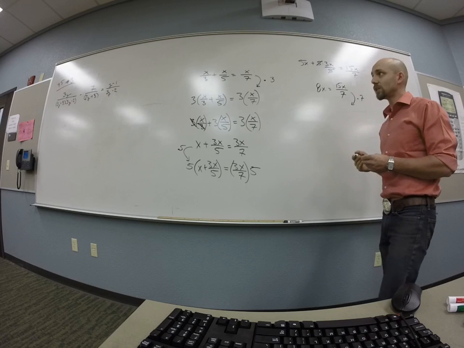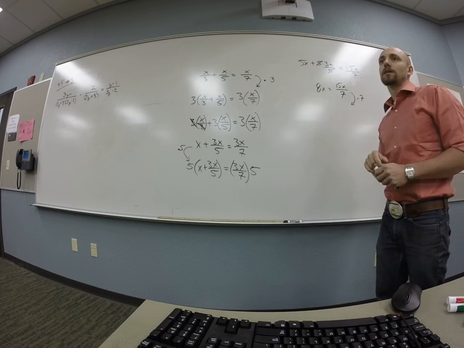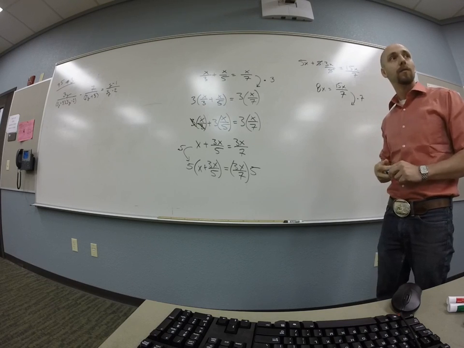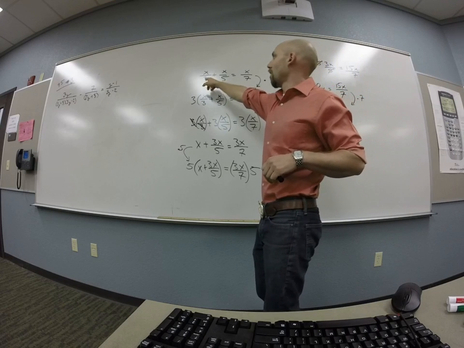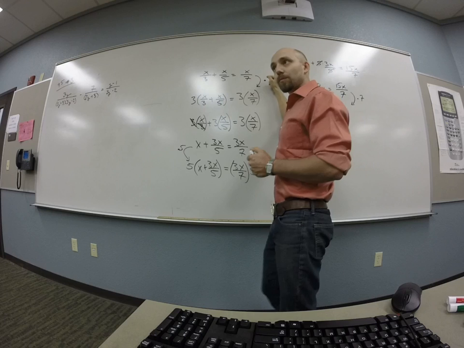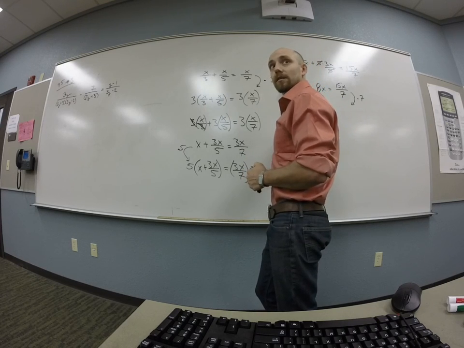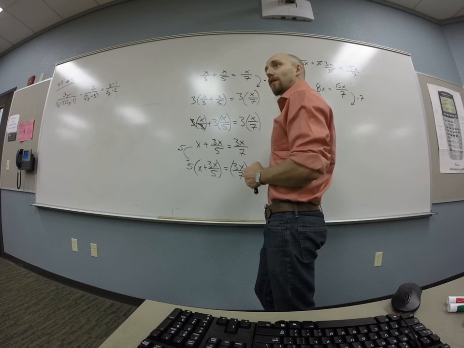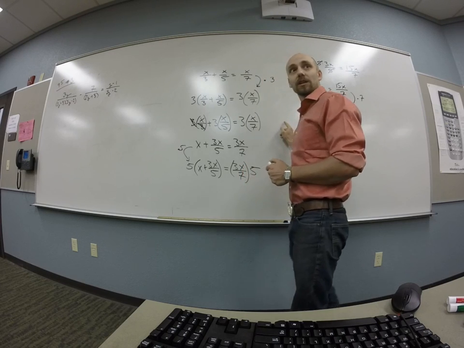So this is really how I want to try to solve: just blast the bottoms out of the way. You can blast each piece, or we could have noticed here the common bottom was 3 times 5 times 7. If I had just multiplied both sides by 3 times 5 times 7, everything would cancel.